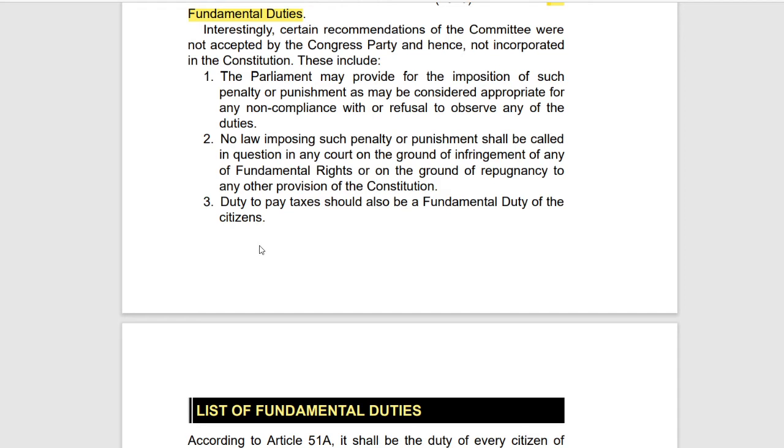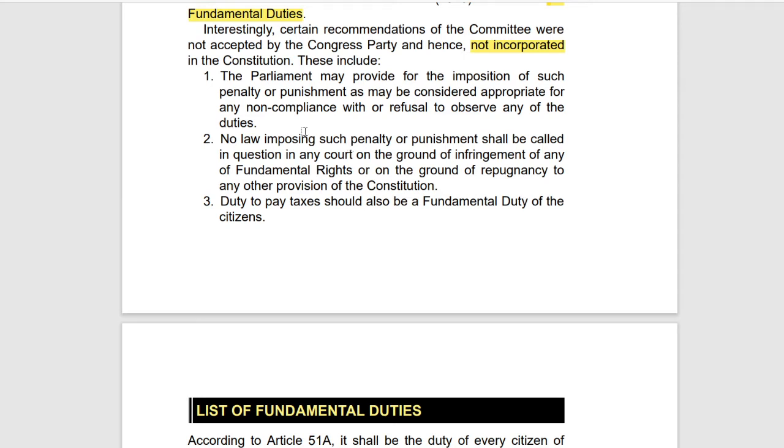So what does this entire paragraph tell us? We should keep note of one thing, that the committee recommended some more duties, but those duties were not accepted by the 42nd Amendment Act. So I will simply note down here: not incorporated. And in these 3 points I will just underline one point so that I can recall the entire point.